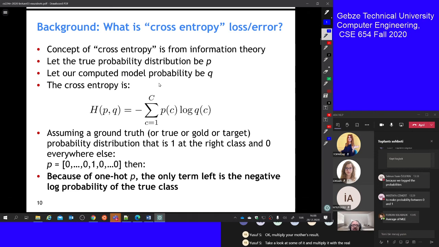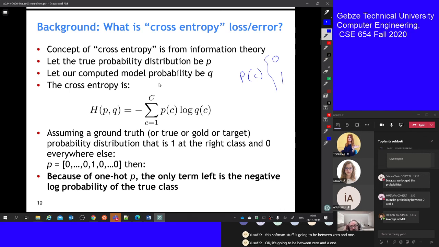Of course, the real probabilities will be either 0 or 1. If the class is correct, it's going to be 1. If the class is not correct, it is 0. But in my case, since I am using the softmax, it's going to be between 0 and 1.